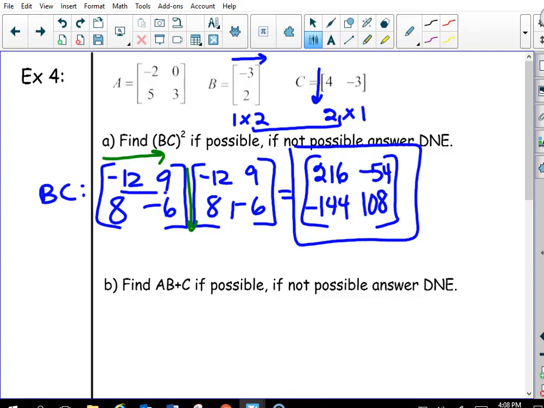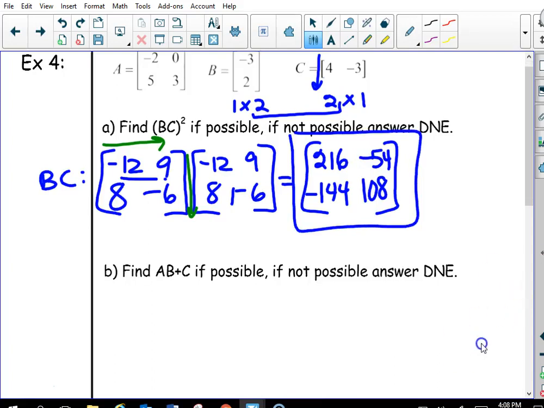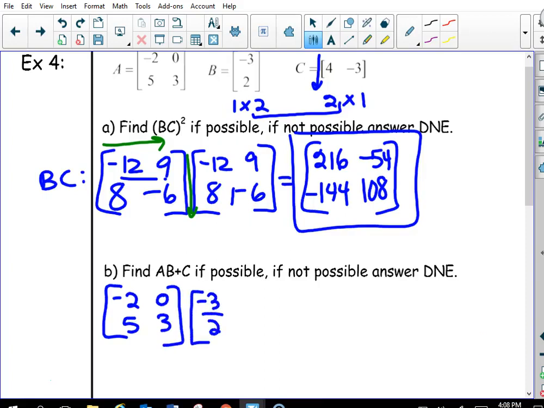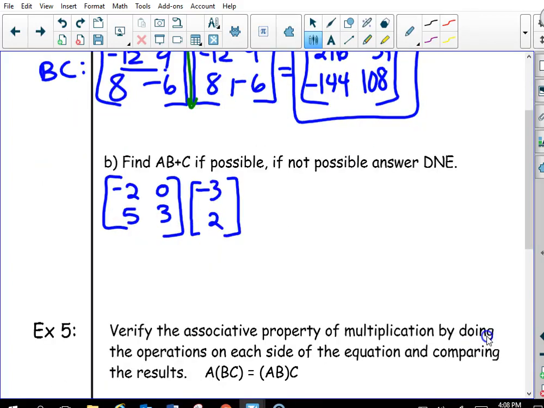Okay, find A times B plus C if possible. All right, let's just rewrite A times B. Is it going to be possible to multiply these two?